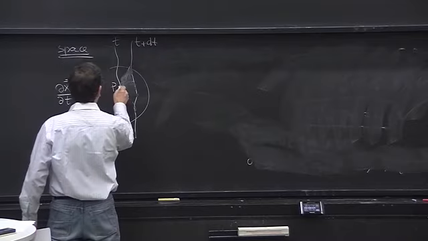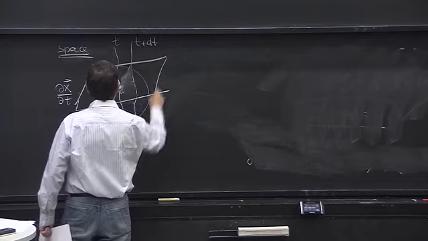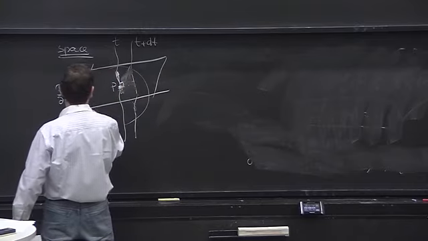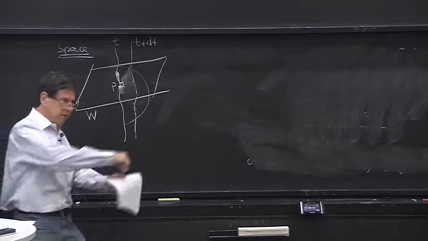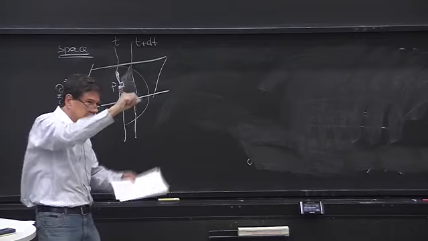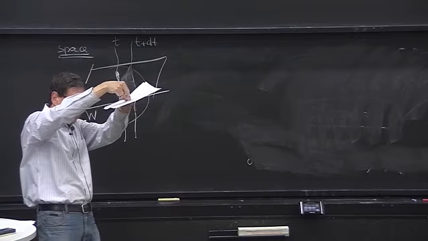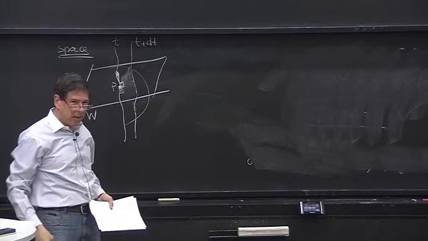You take the point P, and here is the string, and draw the plane perpendicular to the string at that point. Then a little later, the string will intersect the plane somewhere else.